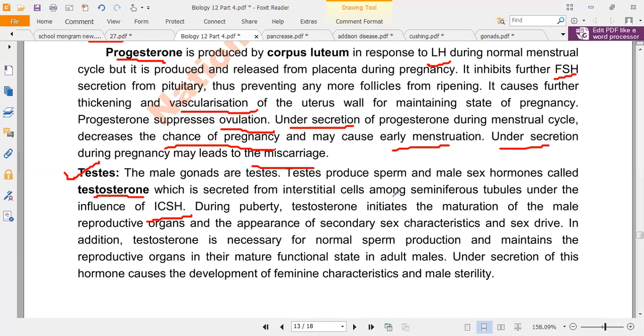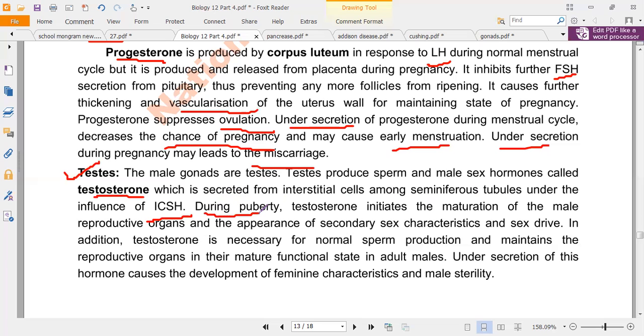The seminiferous tubules are where the sperms are present, and around them are interstitial cells, which produce testosterone to make the sperms mature.